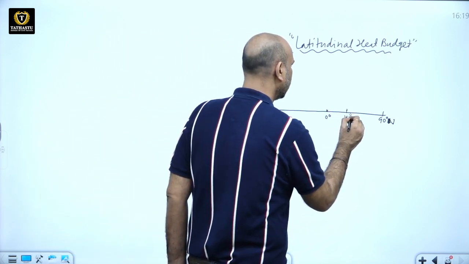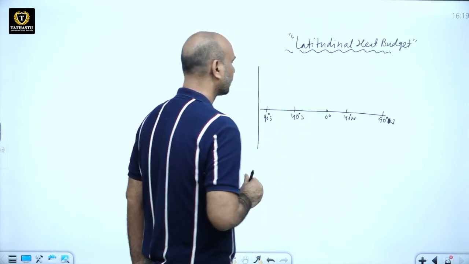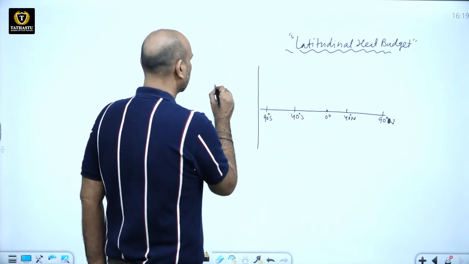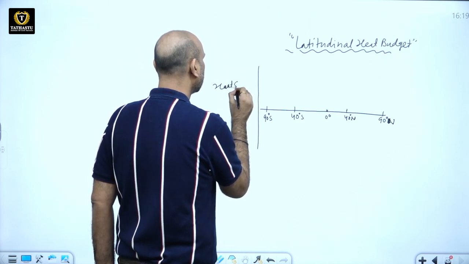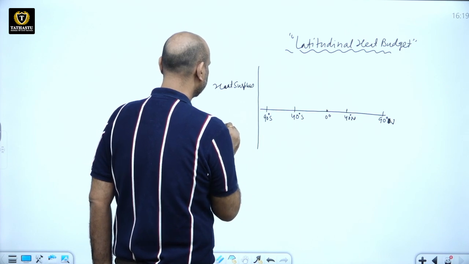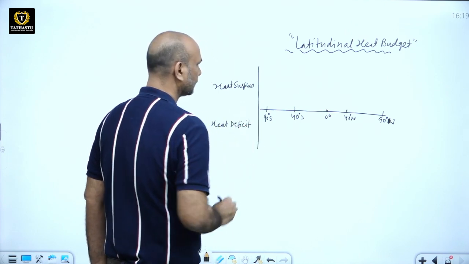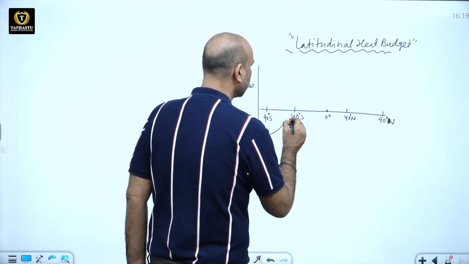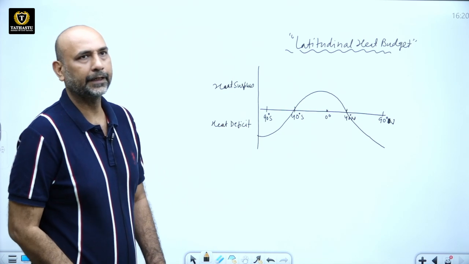This is 40 degree north, this is 40 degree south. So you know that we have latitudinal zone of heat surplus and heat deficit. Heat surplus occurs from 40 degree north to 40 degrees south.